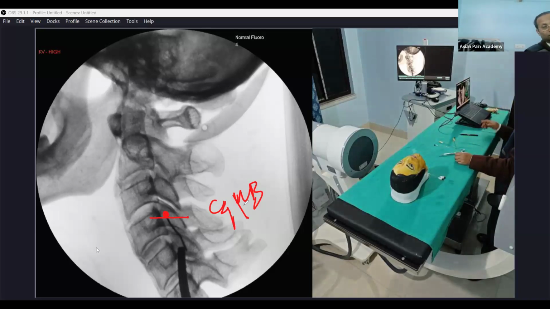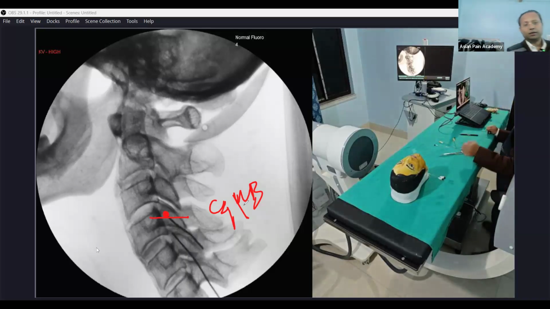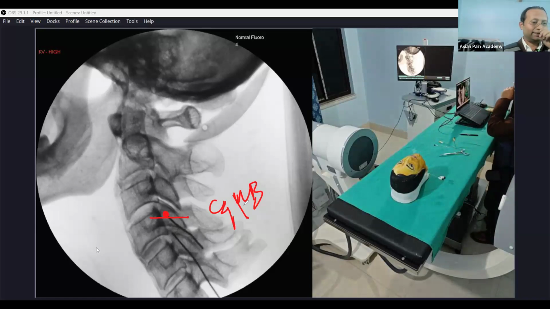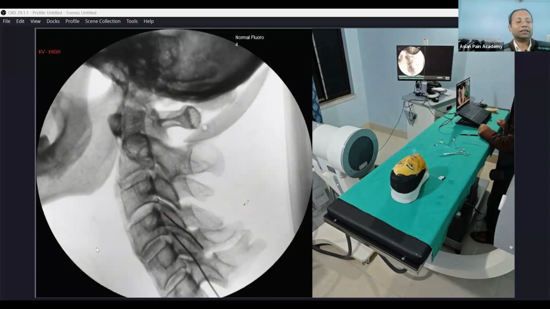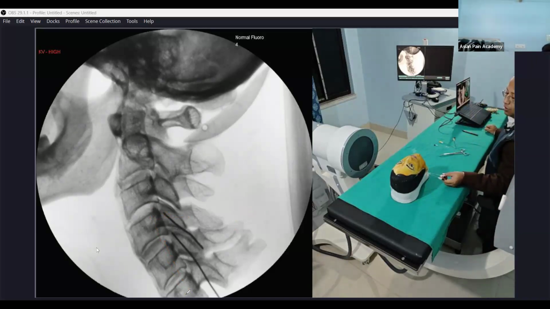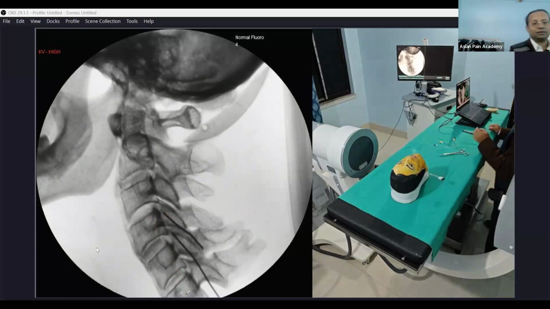Here I should just remember, I should not go anteriorly so much that I hit the vertebral artery. This area is the vertebral artery. My needle must not go anteriorly to hit the vertebral artery. All other positions are all right. If I go a bit cranial or caudal, that doesn't matter.